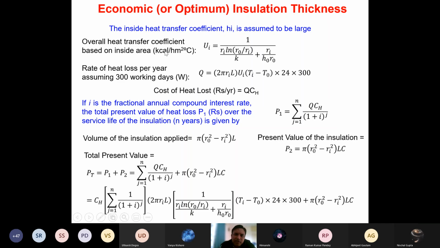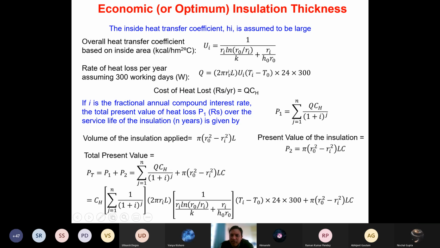Again, the unit here is kilocalorie per hour per meter square degree Celsius. Now this Ui multiplied by the inside surface area 2 pi Ri L, multiplied by delta T, will be the amount of heat lost.